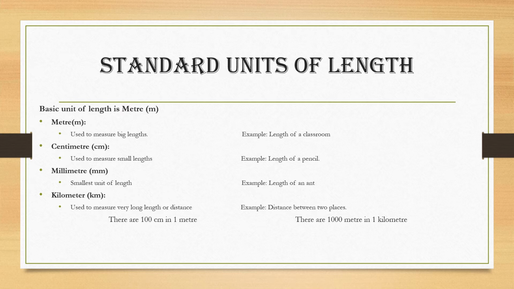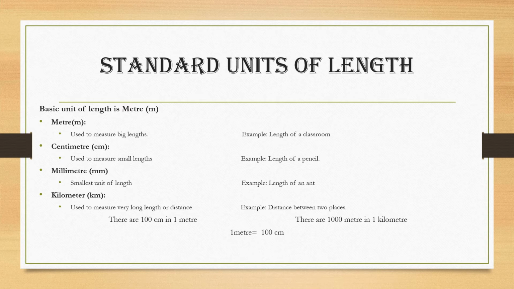So the smallest unit of measuring length is millimeter. When we measure little things which are not visible, they are measured in millimeters. Okay, and the largest unit of measuring length is kilometer. So when we want to measure the distance between two places, we use kilometers.